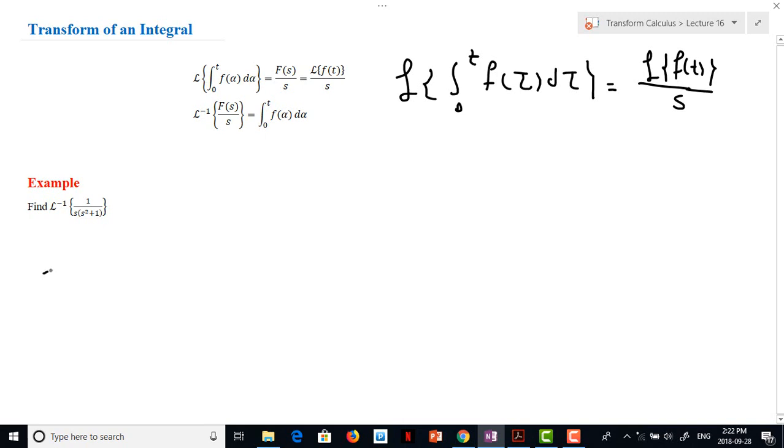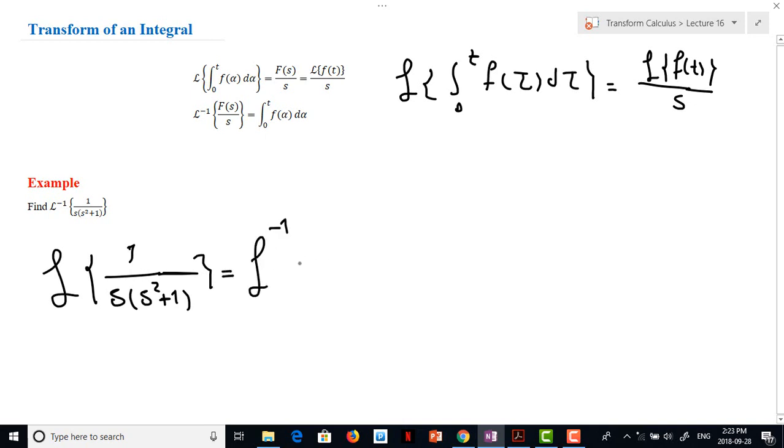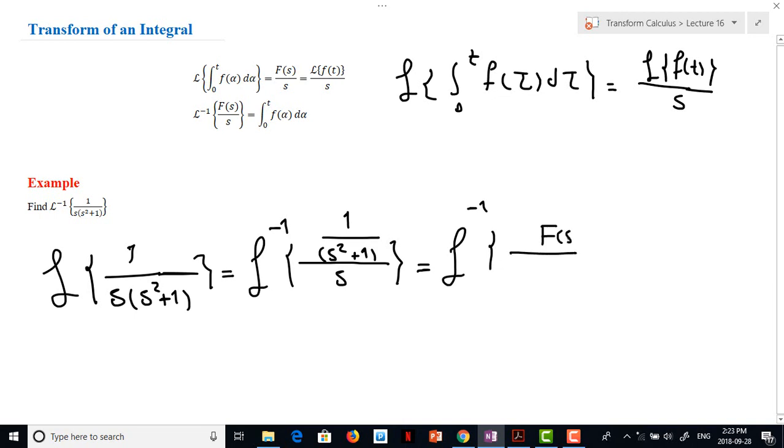In order to solve it, we have the Laplace inverse of 1 over s times (s squared plus 1). It is equal to the Laplace inverse of 1 over (s squared plus 1), divided by s. If I want to simplify it, it is the Laplace inverse of F(s) over s.